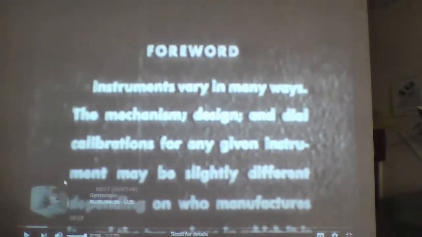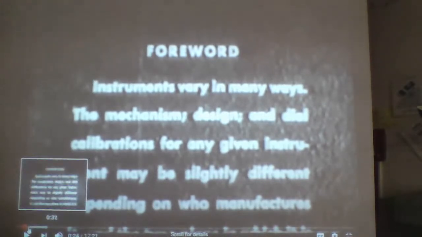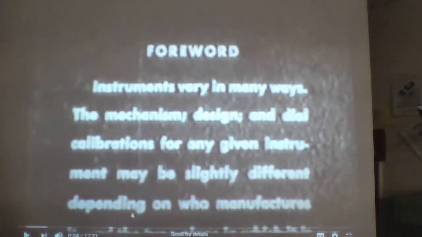Okay, so I'm going to read this because I know it's probably difficult to read. It says forward. So this is a film made by the U.S. Navy training. Instruments vary in many ways.